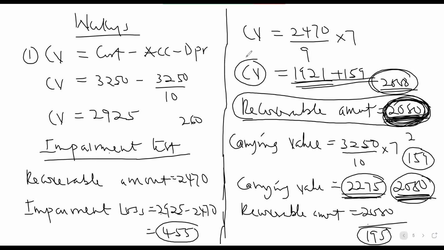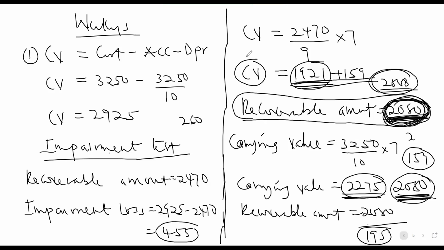If you are doing reversal of impairment, the impairment test has been carried out first. So you have done everything, and the carrying value that you should be having from the first impairment as at today is 1921. If you carry out an impairment test again and the recoverable amount is higher, you will be doing reversal of the impairment.